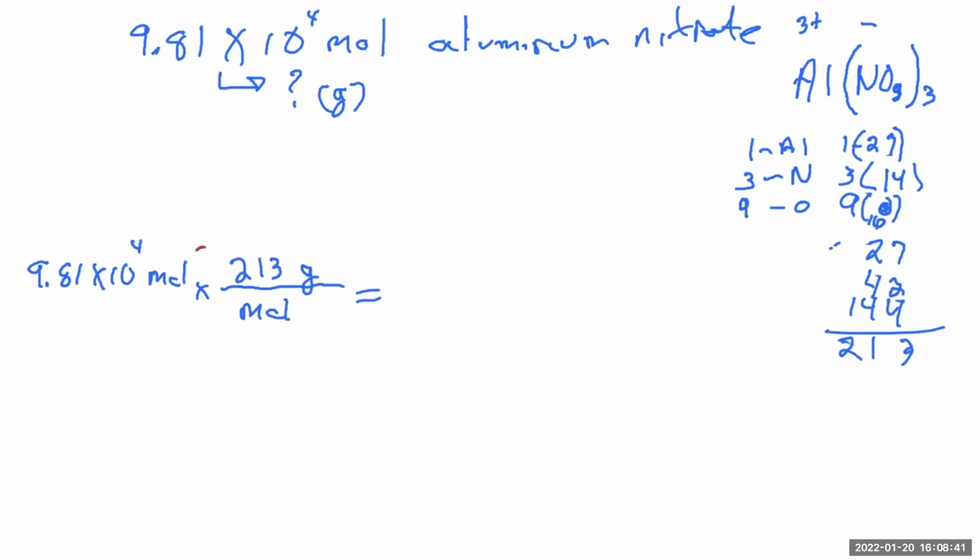Make sure our units cancel, moles cancel. That's right, 213 on top. And this unit here is equal to 1. 1 mole of aluminum nitrate is the exact same thing as 213 grams. So that equals 1.